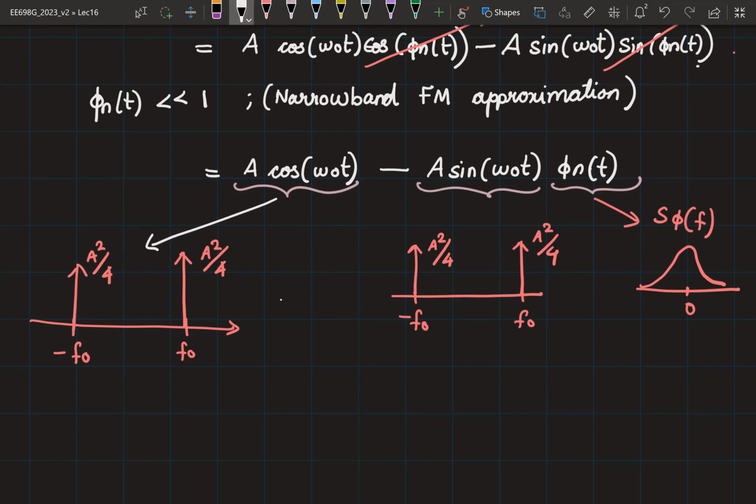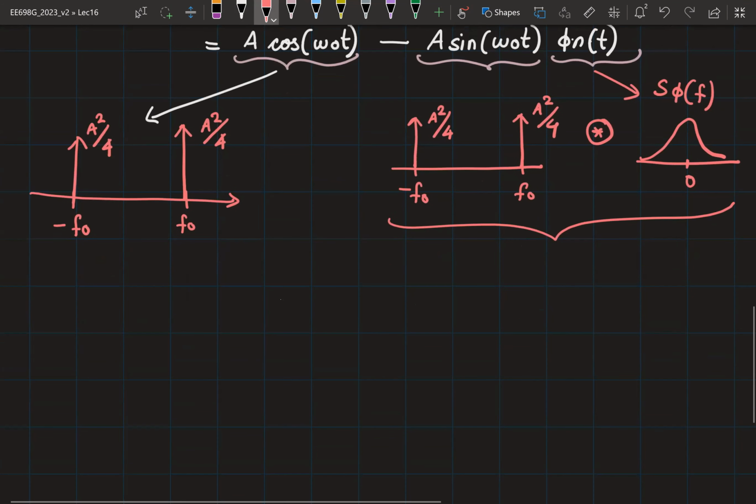Now, these two quantities are multiplied in time domain. So they have to be convolved in frequency domain. What do I get if I convolve them? So you will have this S phi of f scaled by A square by 4 and translated to f naught and at minus f naught, right?